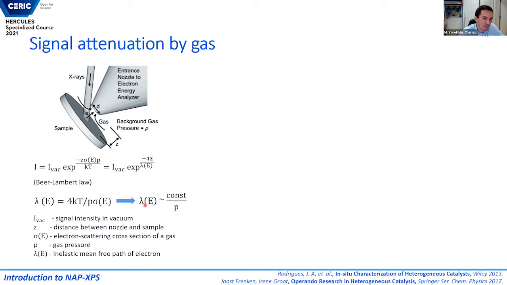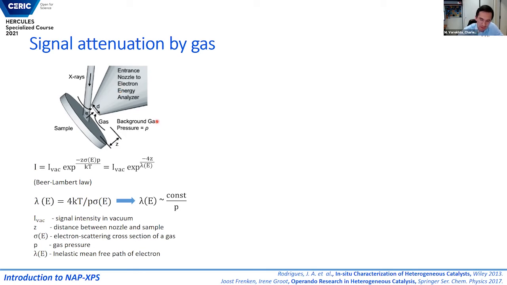It is important that the mean free path, which shows you the probability for scattering, depends on the pressure as 1 divided by P. So the higher the pressure, the lower lambda, which means less of the signal that you could normally measure in vacuum without gas. As soon as you fill the environment with gas, you would have a bit lower signal at the analyzer.